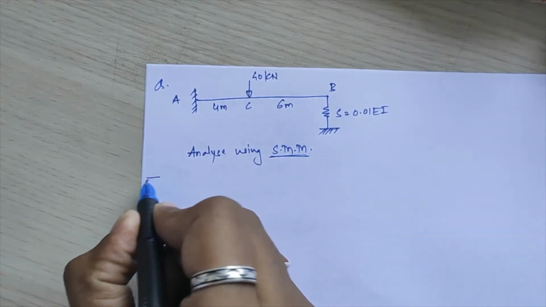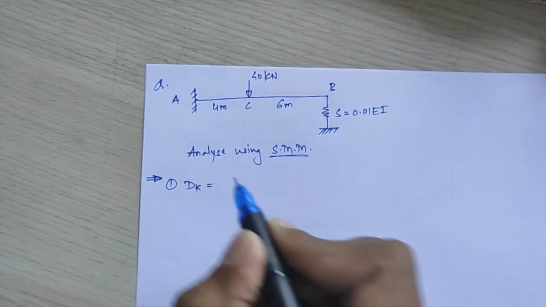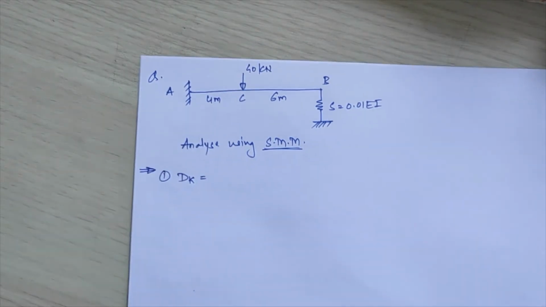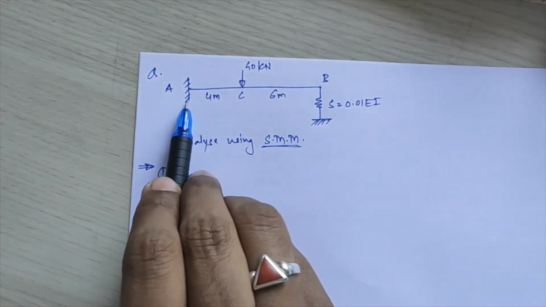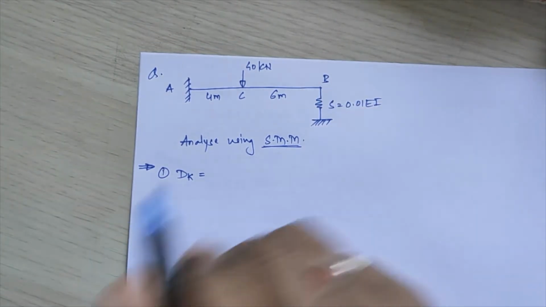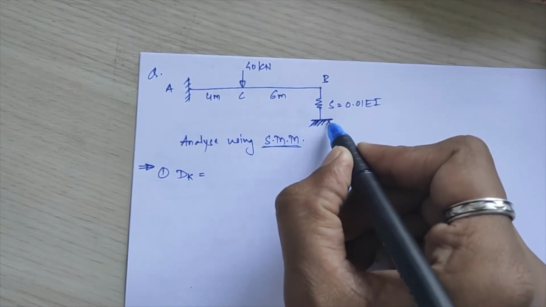We'll start with the first initial step, that is we'll calculate the degree of kinematic indeterminacy, Dk. If you see this structure properly, at A a fixed support is provided, but there is no support provided at B. Along with that, for this spring a fixed support is provided.